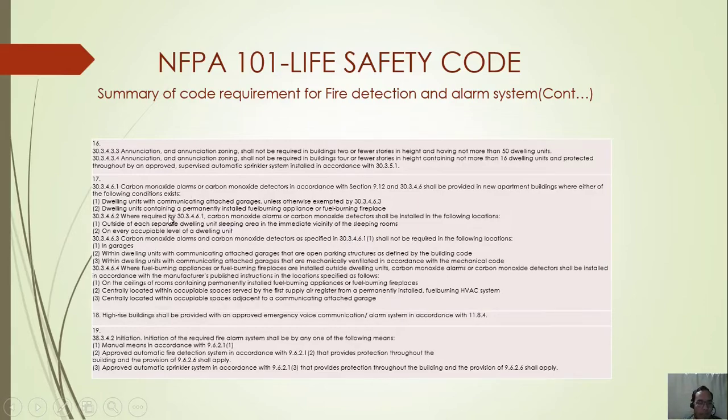CO, then it's the same. So it shall be installed outside dwelling units, each sleeping room, and every occupiable level. Okay, it's the same. And you don't need CO detectors anymore once you have dwelling units with a communicating attached garage that are open parking structures. Okay? So it's the same.